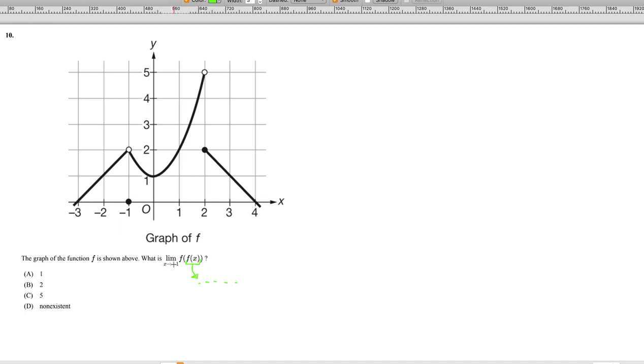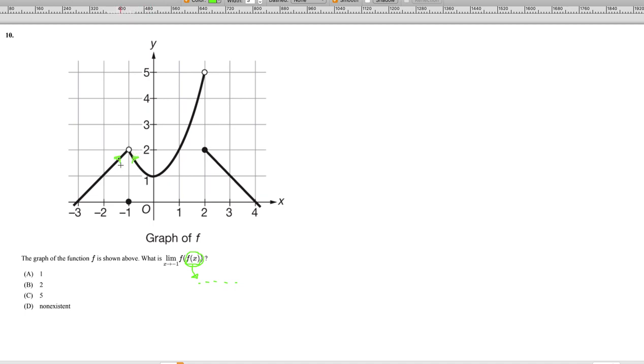So as x gets closer and closer to -1, this inner f of x is getting closer and closer to 2 from both directions. As I get closer and closer to -1 from the left, I get closer and closer to 2. And as I get closer and closer to -1 from the right, I get closer and closer to 2.